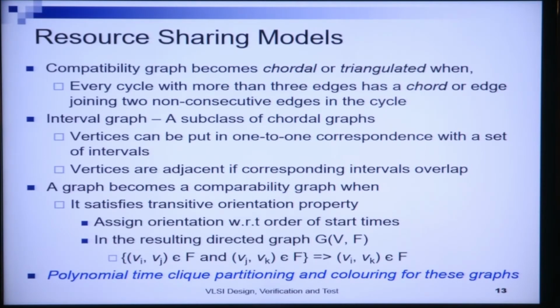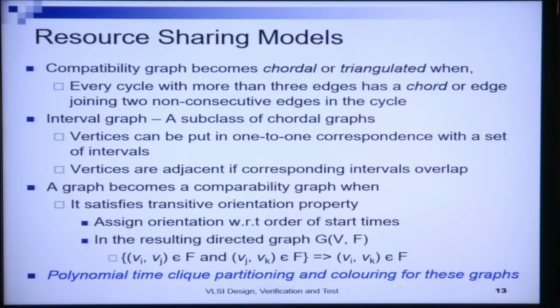Now, if I impose a transitive orientation on an undirected graph, it becomes a directed graph. So, my compatibility graph will be a comparability graph when, after imposing this direction property on the compatibility graph, I will have this.